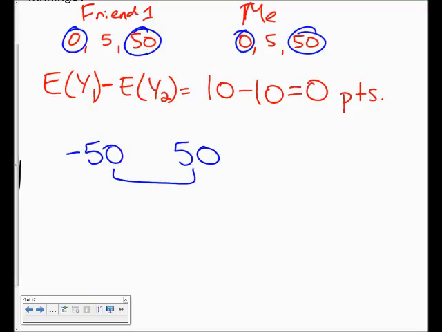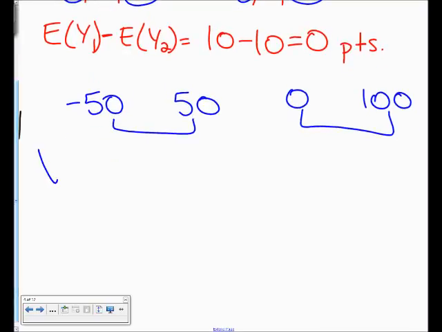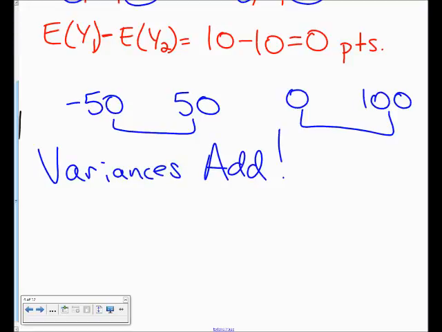And on the previous problem, if I was adding them, I could go anywhere from 0 to 100. What do you notice about that range of values? It's the same. So even though we're subtracting, you're always going to add the variances. You want to write this and put a bunch of exclamation points, maybe even get it a tattoo next to your slope-intercept form tattoo on your right arm. Variances add.